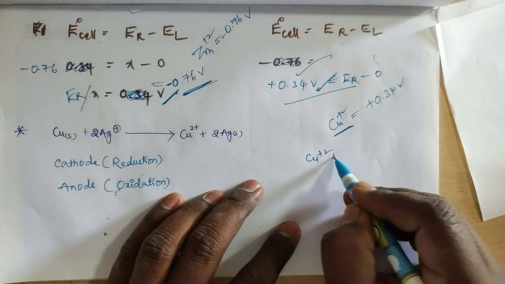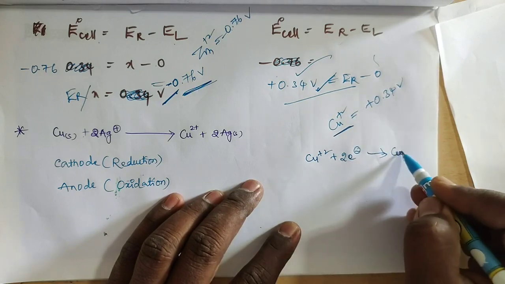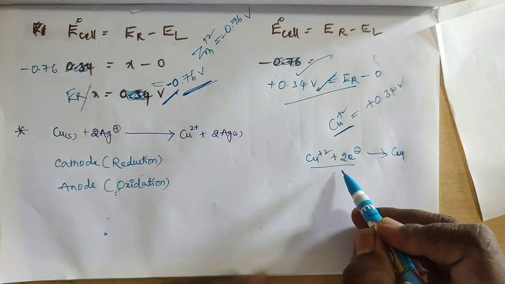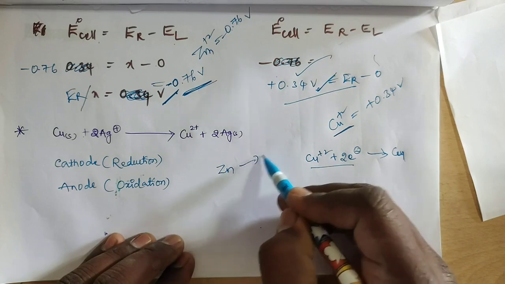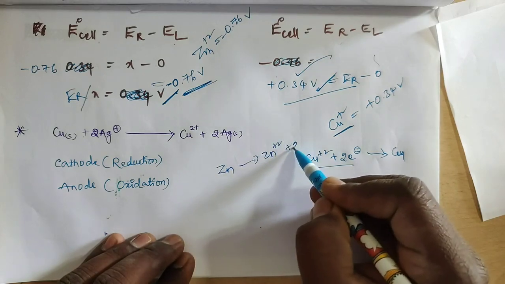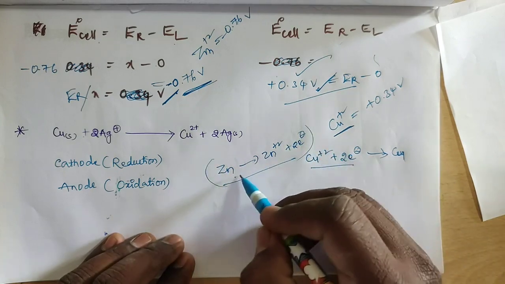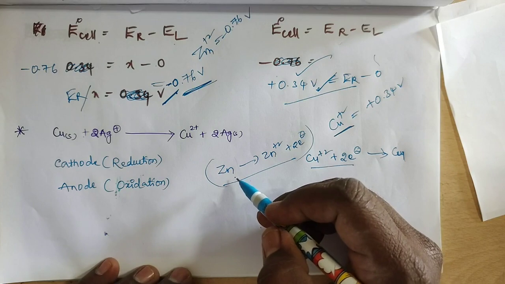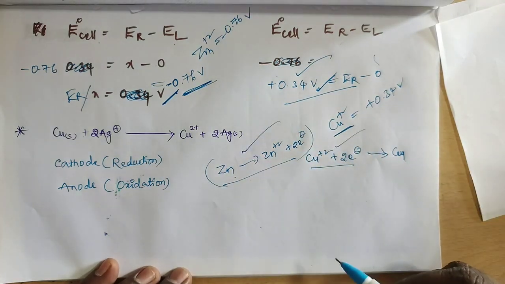Copper plus 2, by gain of 2 electrons, is converted to copper. So reduction takes place by this one. That means it acts as an oxidizing agent, and Zn is converted to Zn plus 2 by losing electrons. What does that mean? Oxidation takes place, and oxidation means it acts as a reducing agent. Okay, so this is a reducing agent, and this is an oxidizing agent.